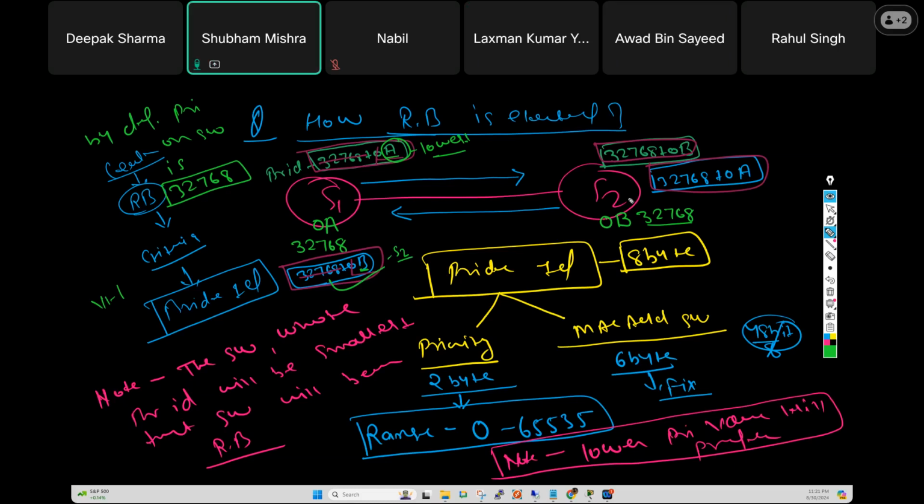Now come on, switch number 2. Switch number 2 also matches. This is a tie, 0, 0. Now switch number 2 matches the second one, B and A. What is lowest? A is lowest. Now switch number 2 also understands: my bridge ID is 32768 plus 0B, and the bridge ID which I got from switch number 1 is 32768 plus 0A, and this is lowest.